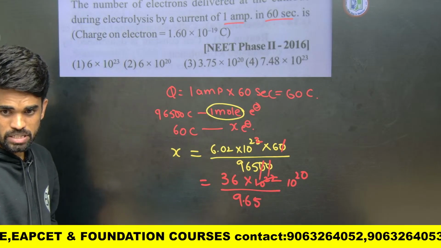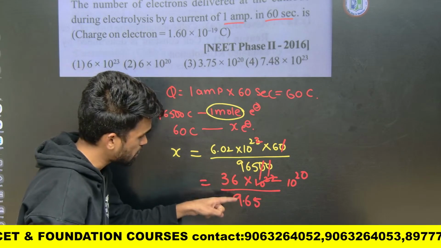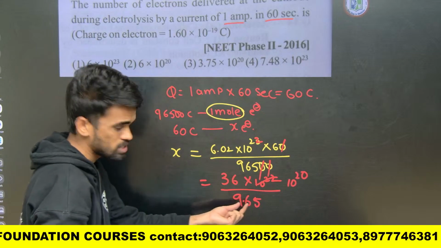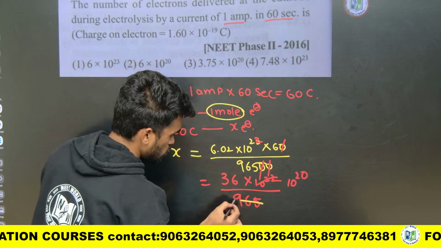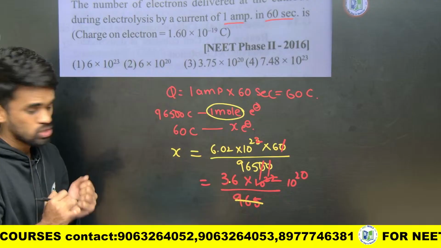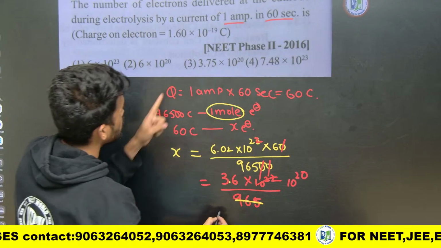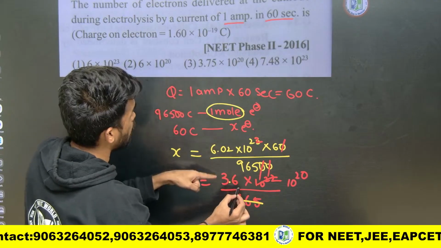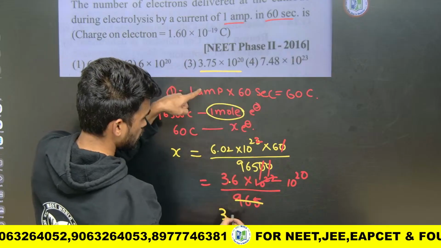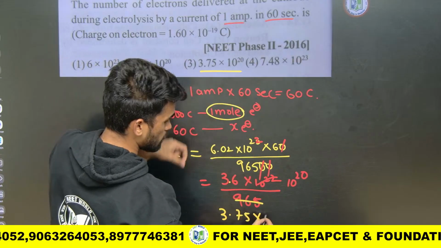Can I write 9.65? See, 36 by 9.65 is almost 10 times now. So can I remove this and put a decimal here? 3.6 means this will be around 3 point something. What is the approximate answer? 3.75 into 10 power 20.